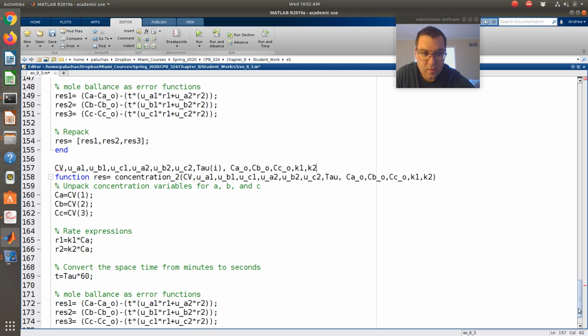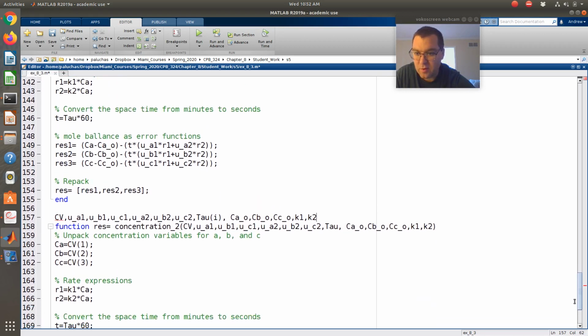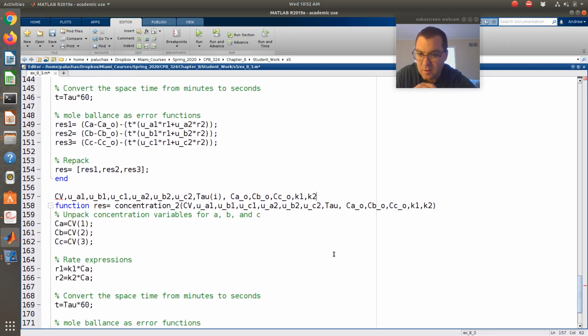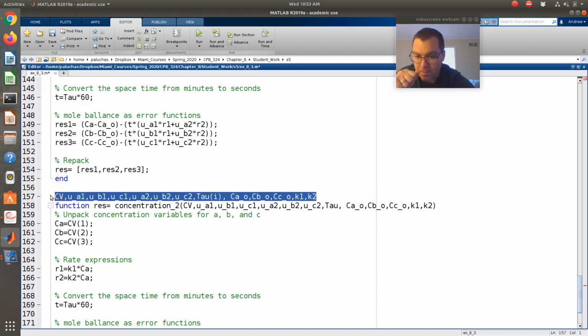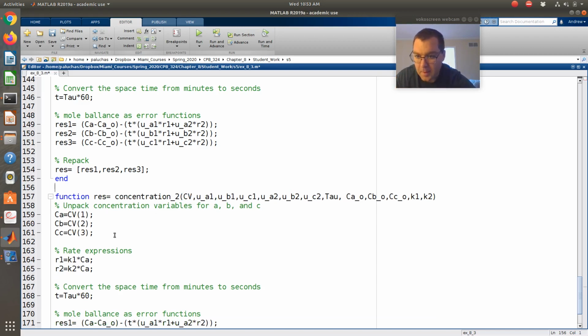So one thing that stands out to me is the rate expressions. That should be CB there, but let's check this out. CV, stoichiometric coefficient, specific tau, CA naught, CB naught, CC naught, K1 and K2, that's fine. I unpack.